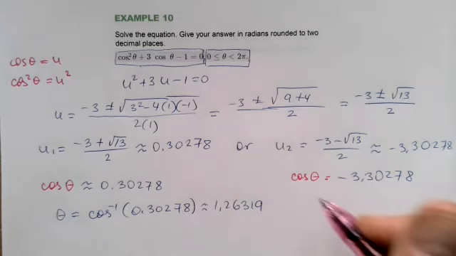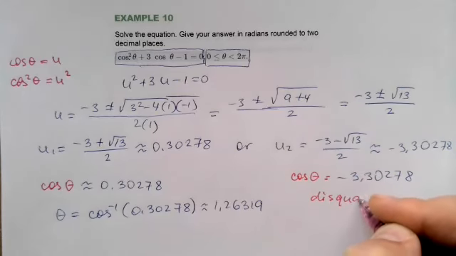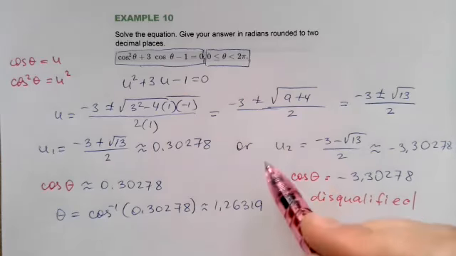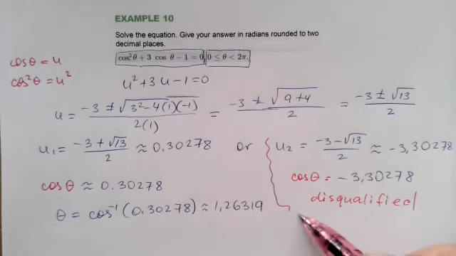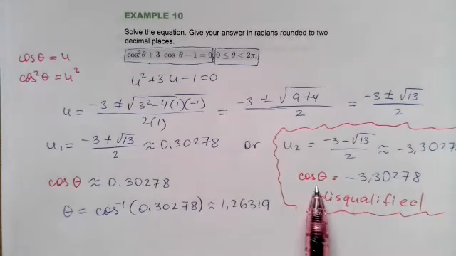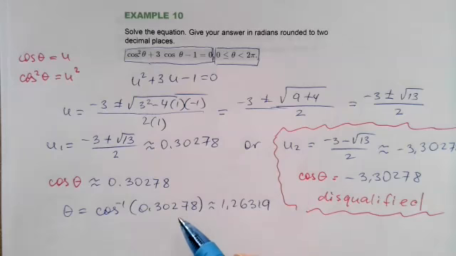So this solution is disqualified because of the range of the cosine. -3.3 is not in the range of the cosine. Okay, so let's go back to our first solution.